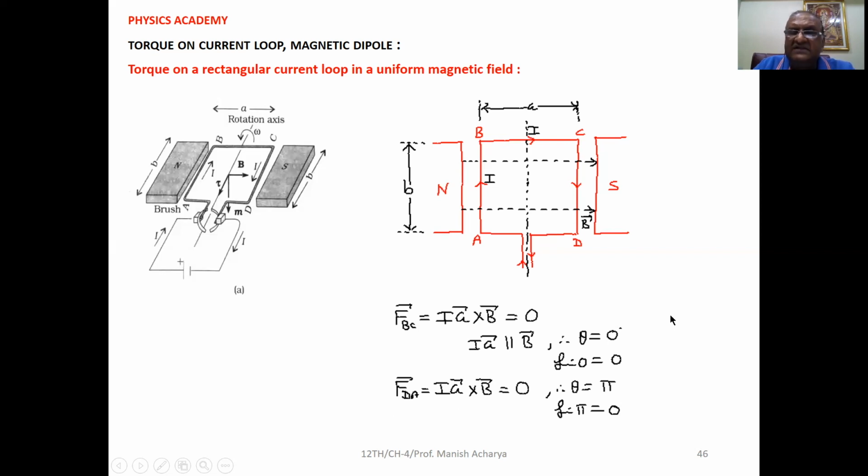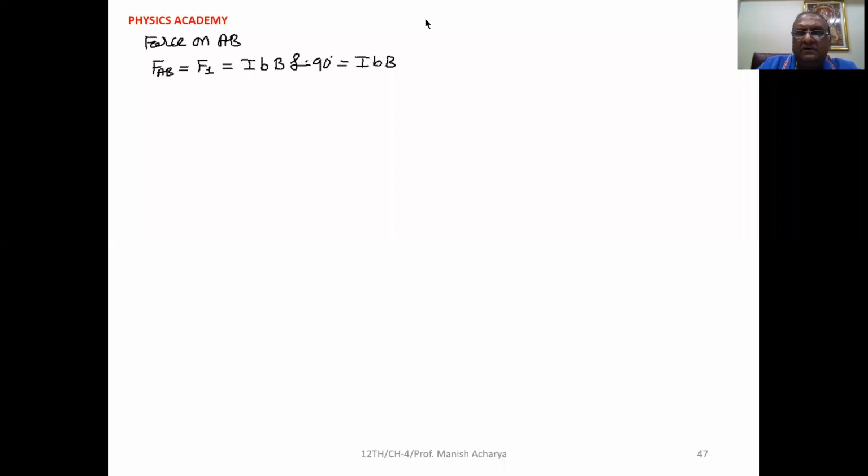So again, this force is 0. But now, if we think about the force on this AB and on this CD part of the loop.